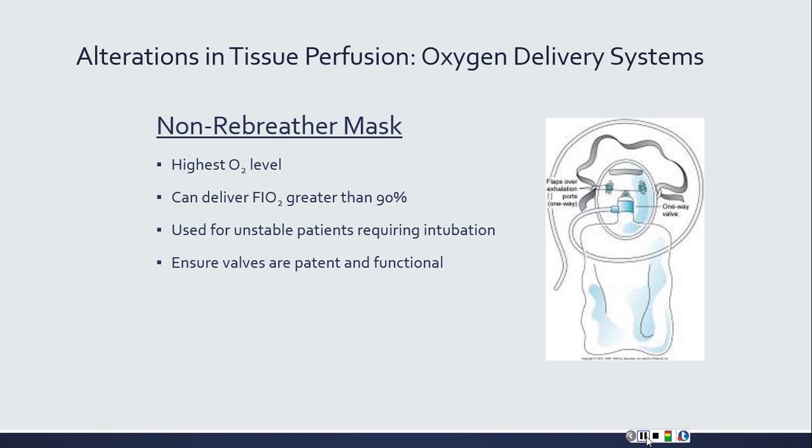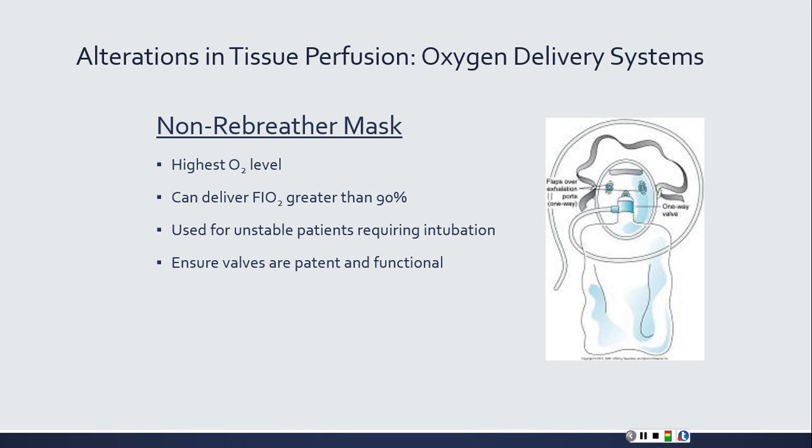Now, here's another important point. Ensure that the valves are patent and functional. Okay. And you'll see these flaps over here. If you've got the flaps closed, which is kind of what you need there, all the oxygen they're getting is from an outside source. They're not breathing anything from the air. Okay? So what happens if we turn off that oxygen?